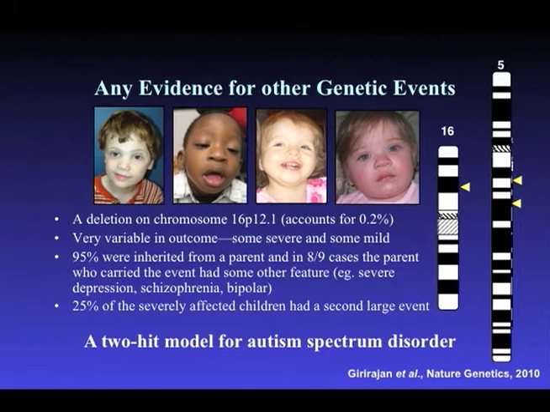And in 8 out of 9 cases, the carrier parent of the 16p12.1 deletion had some significant, serious neuropsychiatric illness, ranging from bipolar to schizophrenia to major depression for 20 years. And in 1 out of 9 cases, we saw this with the non-carrier parent.